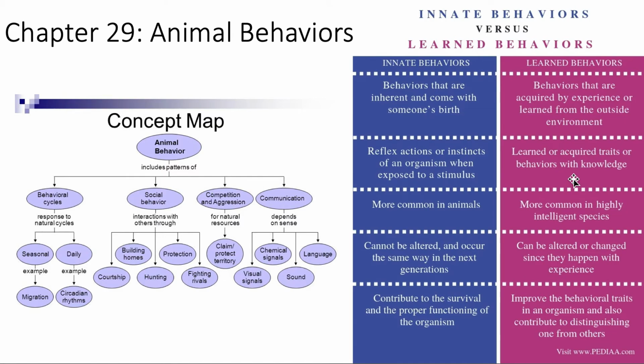An example of that would be birds on the side of the road. A car drives by, they fly away. Same birds land again, a car drives by, they fly away. Eventually the birds understand, okay, this car is driving by, but I'm not in any danger, and the bird stays there.